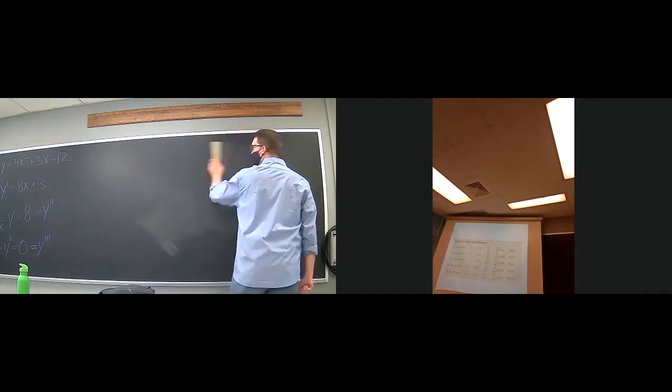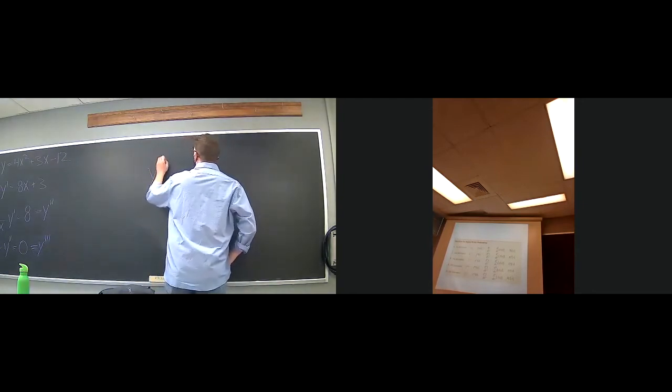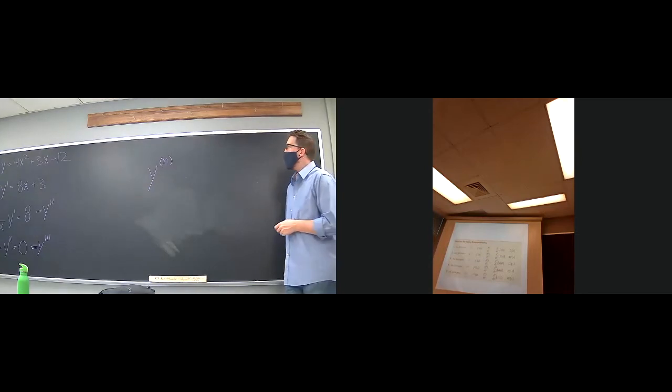Now, on the notation of all of this, I want you all to notice the first derivative, y prime, second, double prime, third, triple prime, the fourth is in parentheses. It's 4 in parentheses. Anytime you see something like y^(n), this is generally, not always, but generally going to be the nth derivative of y.